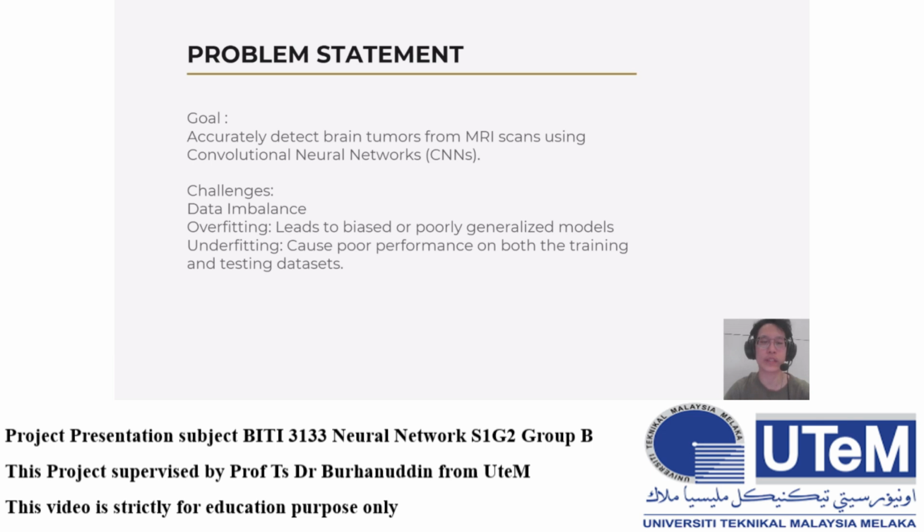Next is overfitting. Overfitting will lead to bias or poorly generalized models. To overcome it, we can split the dataset into training and testing sets. For example, we can split the data into 80% for training and validation data and 20% for the testing data to evaluate the model better.